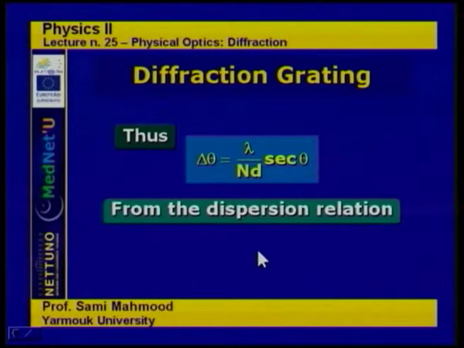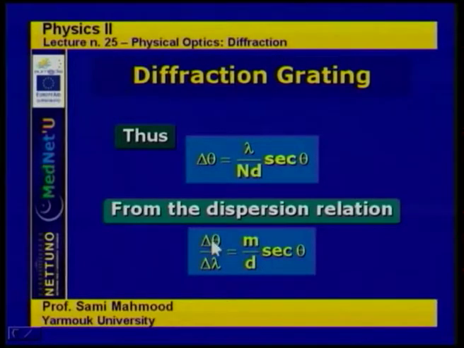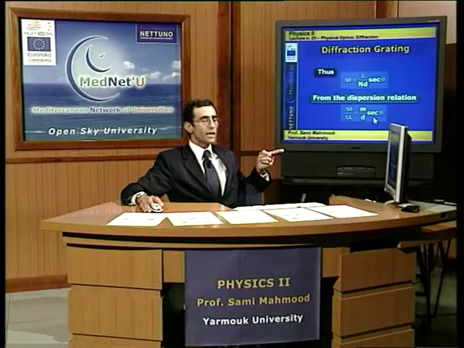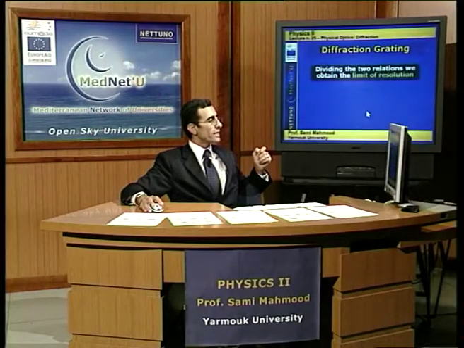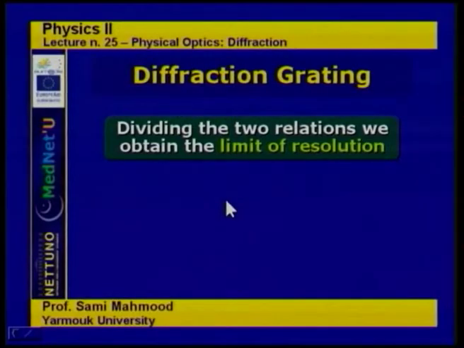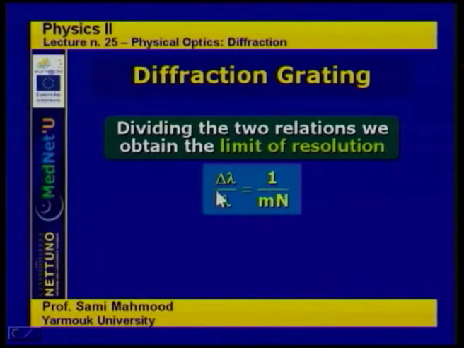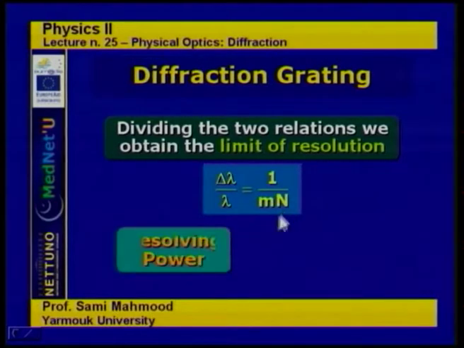And from the dispersion relation, Δθ over Δλ is equal to m over d secant θ, from the relation that we developed a little bit earlier. Dividing these two relations, we get what we call the limit of resolution. This limit of resolution is defined as Δλ over λ, which is equal to 1 over mN, where capital N is the number of lines.